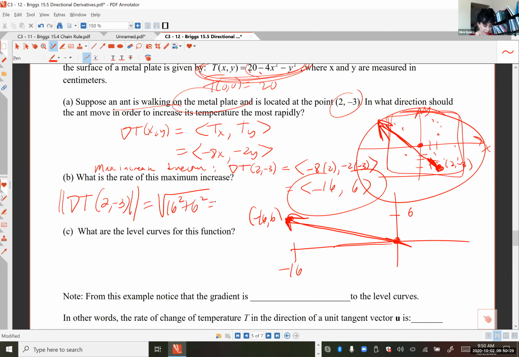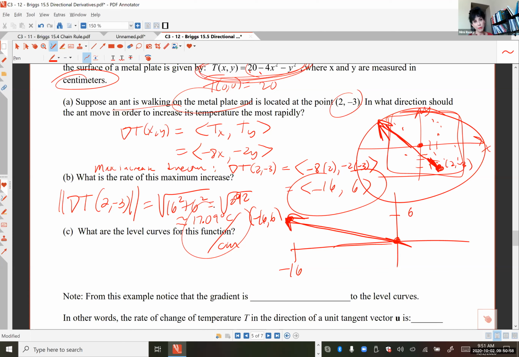So this is going to be the square root of 292, and that's approximately 17.09 degrees. We'll say it's in degrees Celsius because they told us, and per centimeter, because they said x and y are measured in centimeters. So that's a pretty fast increase. The ant starts walking along that vector and he's like, whoa, I'm getting hot pretty quick.